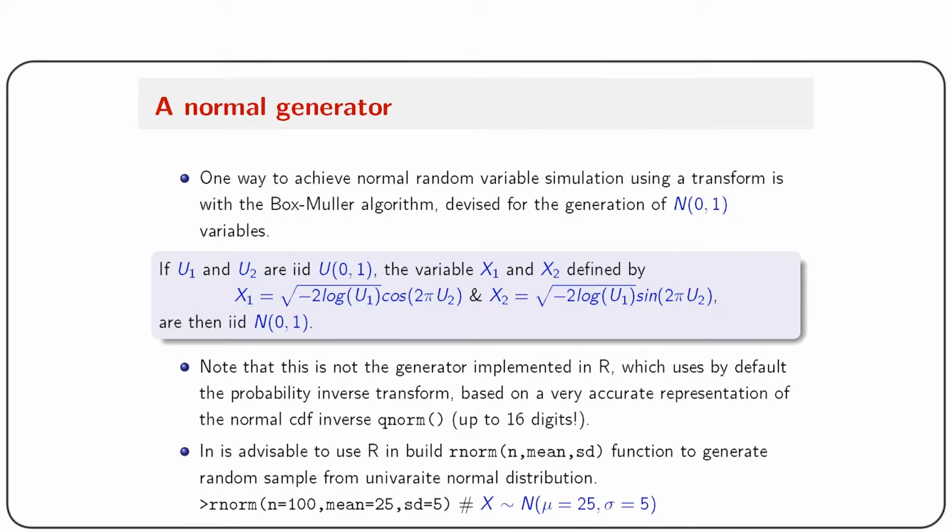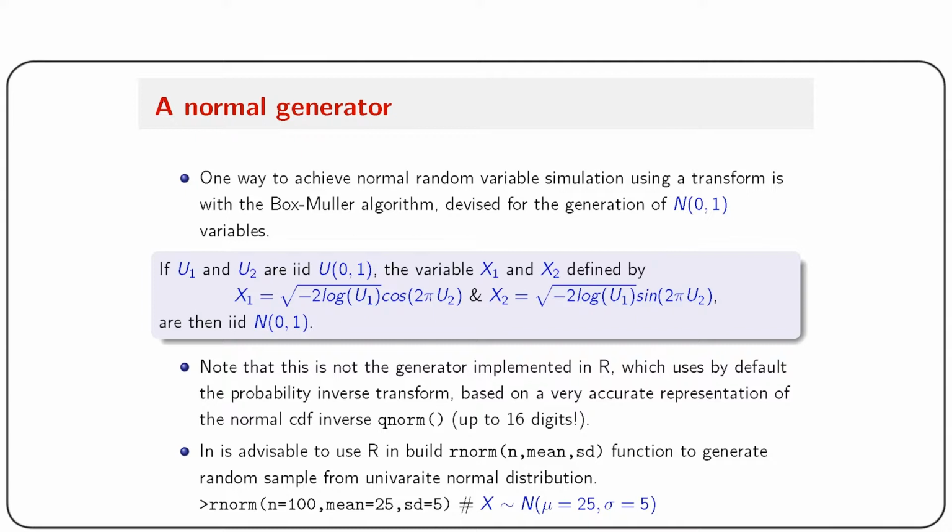A normal generator. One way to achieve normal random variable simulation using a transformation is with the Box-Muller algorithm, a generator of normal 0 1 variables. If u1 and u2 are IID uniform 0 1, the variables x1 and x2 defined by x1 equals square root of minus 2 log u1 cos 2 pi u2 and x2 equals square root of minus 2 log u1 sin 2 pi u2 are then IID normal 0 1.